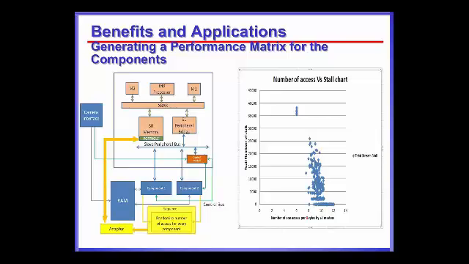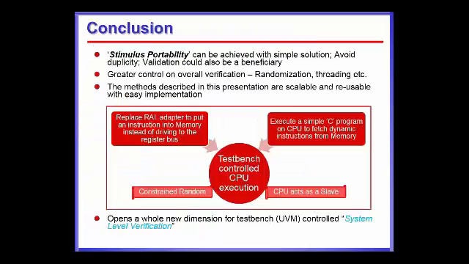So if you look at this graph, up to around 11 cycles there is no stall, but beyond that, if we do more accesses, then the stalls increase exponentially. These kinds of statistics help generate application profiles. So just to conclude, with this approach, we were able to do stimulus portability.